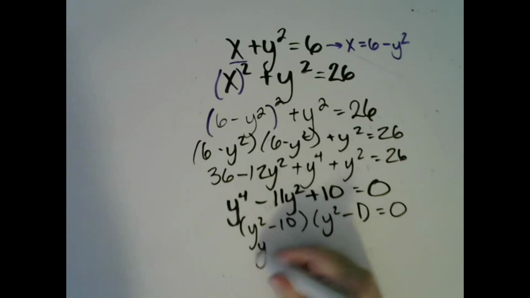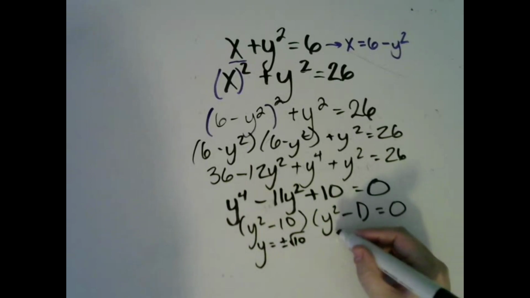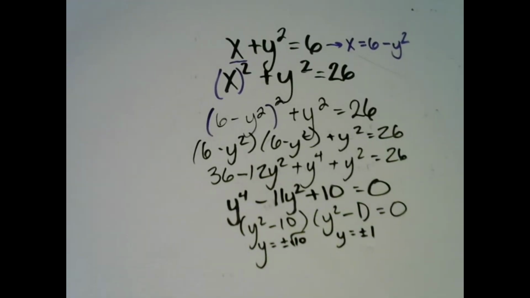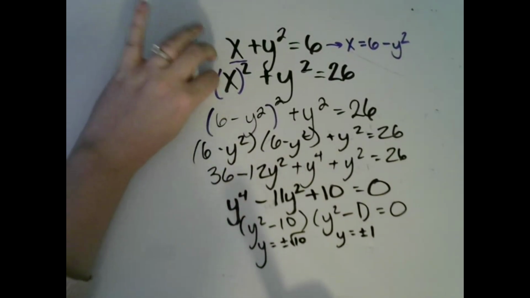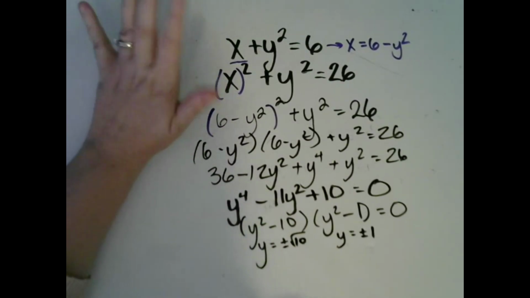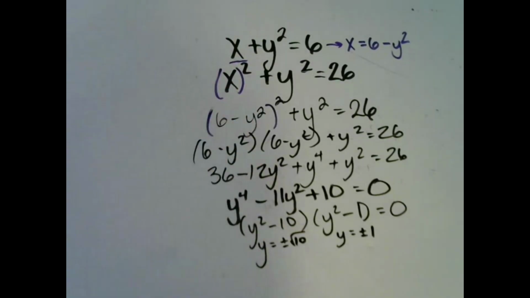That gives me a first answer of plus or minus the square root of 10 and a second answer of plus or minus 1. What's interesting to note with this problem is that there are 4 answers to this system. That means that this equation when graphed and this equation when graphed will intersect each other a total of 4 times. And feel free to check this on a graphing calculator or on Desmos just to confirm.